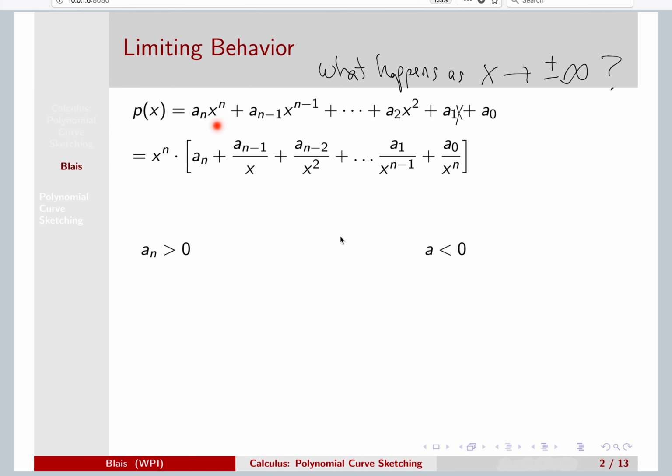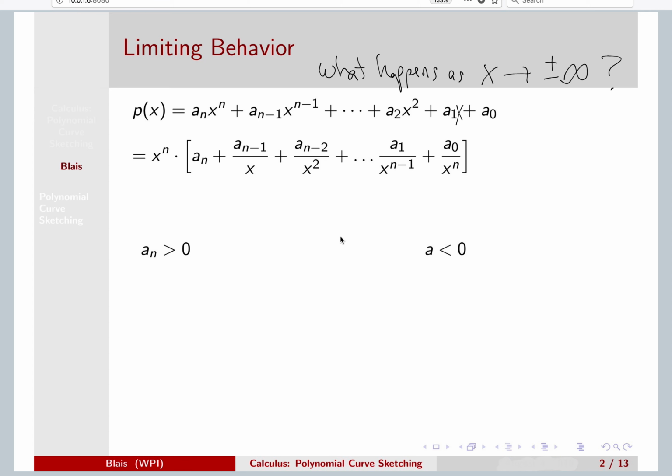And the way we can determine that is by rewriting the polynomial in this way. Notice that all we've done here is factor out an x to the n. If you take this expression and multiply the x to the n out through all the terms in the square brackets, you will see that you will recover what you have here up top, p of x.